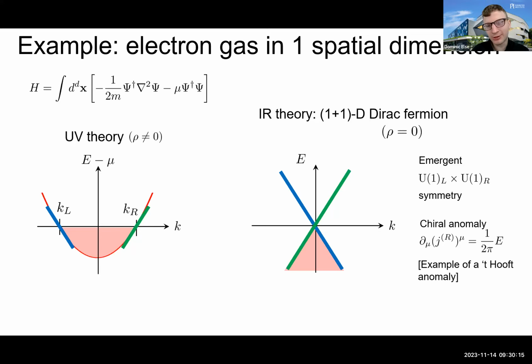And this emergent symmetry also has this interesting property, sometimes called the chiral anomaly. Basically, if you apply a background electric field, then the left and right moving charges are no longer conserved. The total charge is still conserved, of course. So this is an example of a more general thing that people call 't Hooft anomaly, which is where the charges become non-conserved in the presence of a background gauge field.